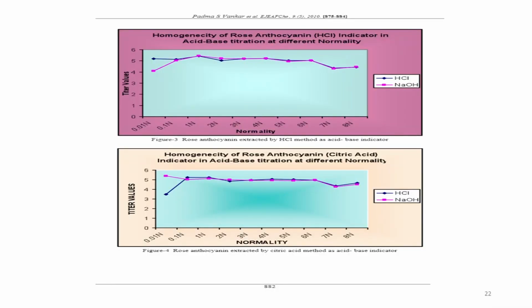So, if this equilibrium is correct and repeatable, then only we can say that it is a good candidate for making a pH indicator.